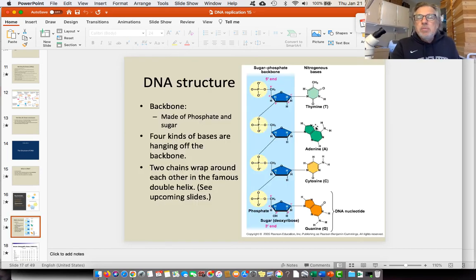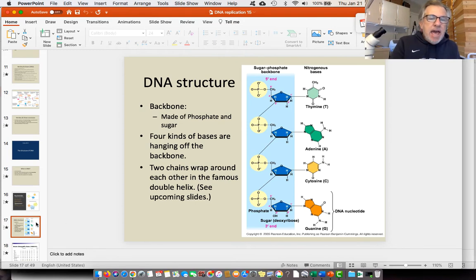What we know about DNA is that there are 4 types of nucleotides. 2 of them have 2 rings, and 2 of them have a single ring. So we have A, C, G, and T, which stand for adenine, 2-ringed, cytosine, 1-ringed, guanine, 2-ringed, and thymine, 1-ringed.